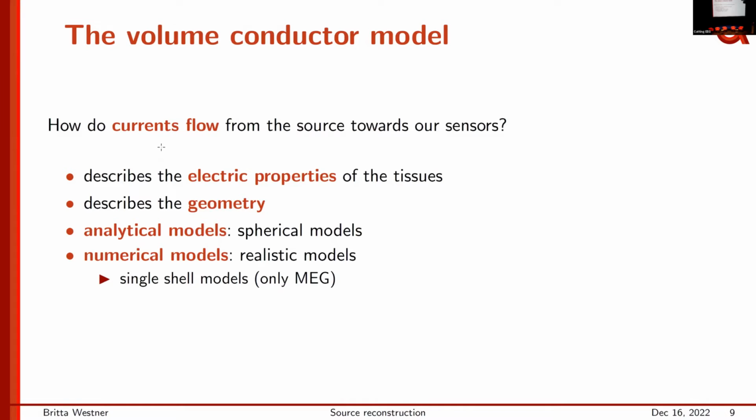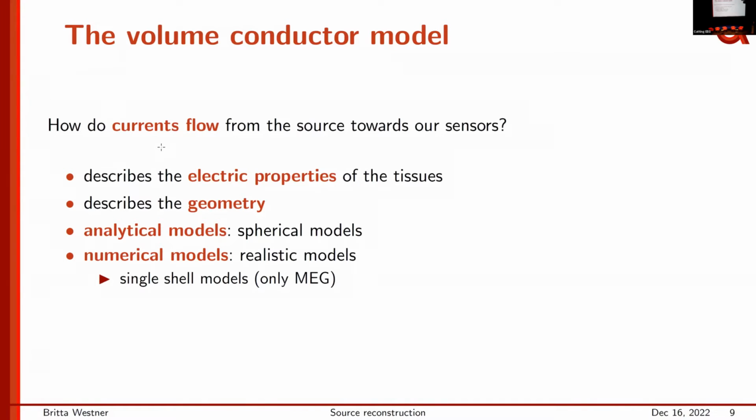Single shell, it's like an egg, it just has one shell, which usually is modeled after the brain, and that only works for MEG. Why? Because we assume that the magnetic fields are rather undisturbed by whatever skull and skin and brain tissue is between their source and the sensor, which is not true for EEG, right?